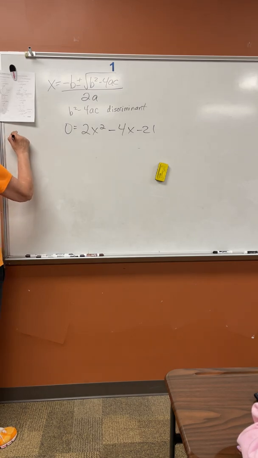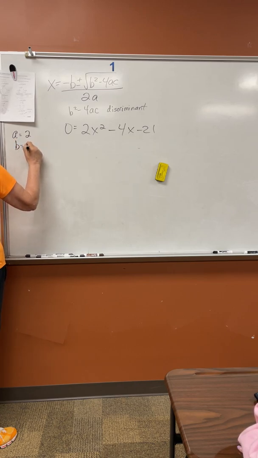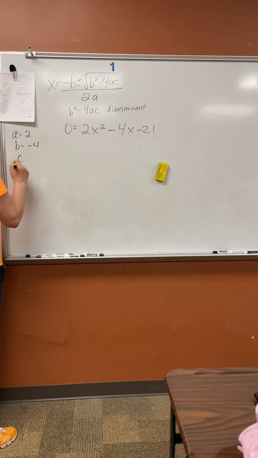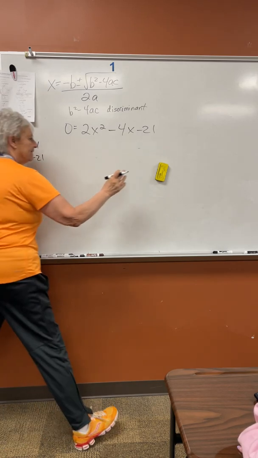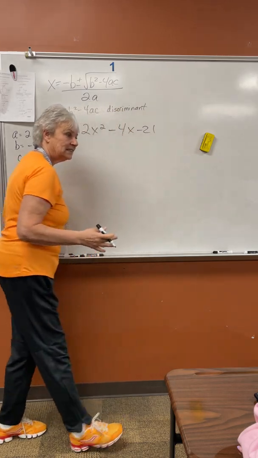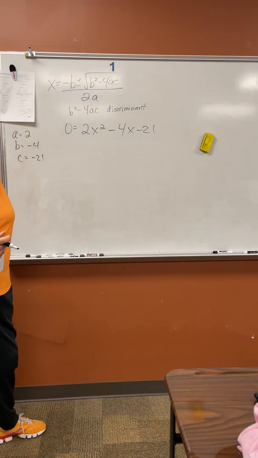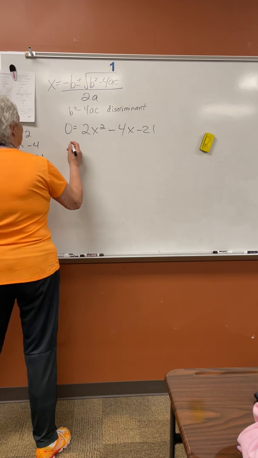What's a? 2. b? 4 or negative 4? c? All right. This one's going to be really ugly because it's not factorable. All right.